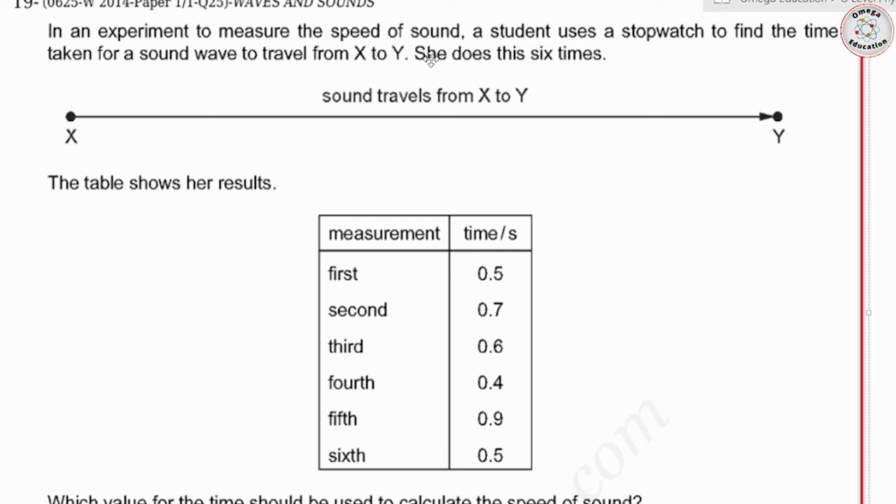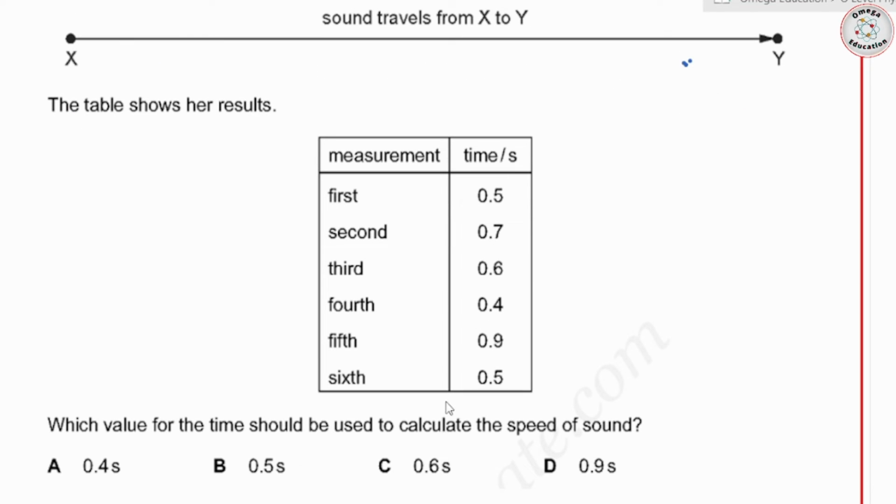All right, then we have the next one titled as question number 19. In an experiment to measure the speed of sound, the student uses a stopwatch to find the time taken for the sound wave to travel from X to the point Y. The table shows the results for the time in the first attempt, second attempt, third, fourth, and in total 6 attempts.